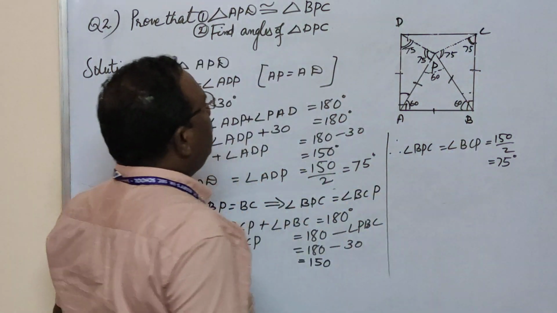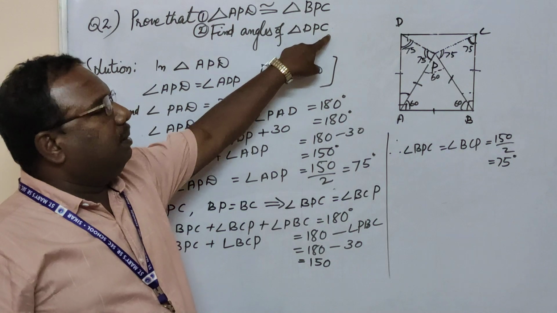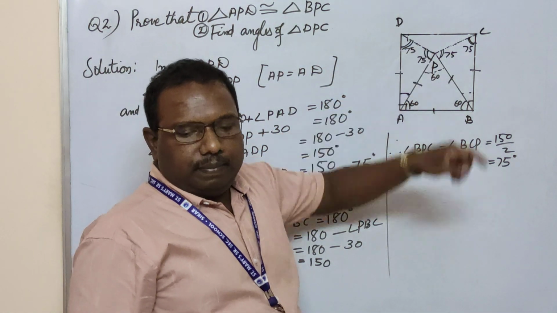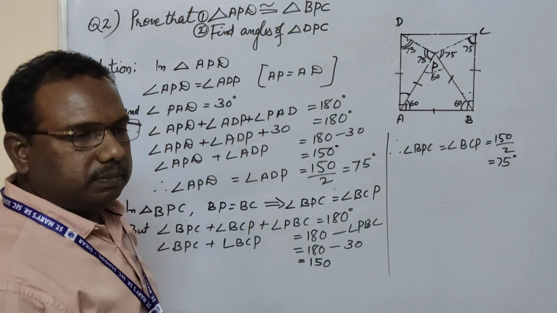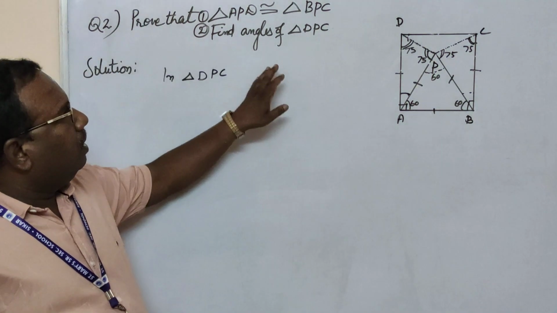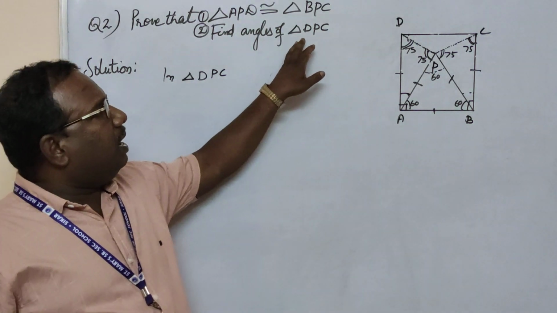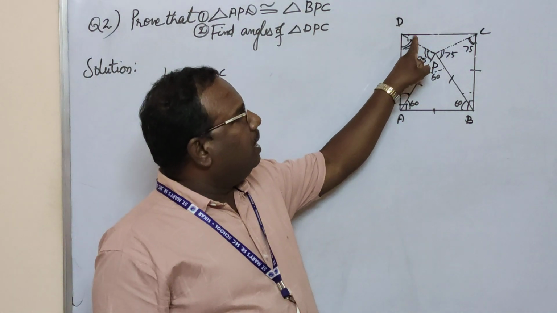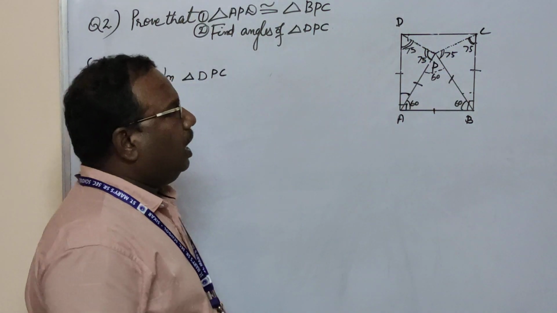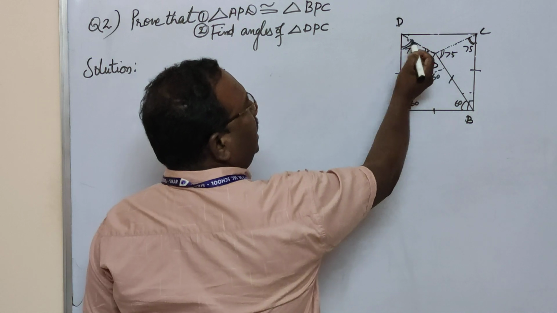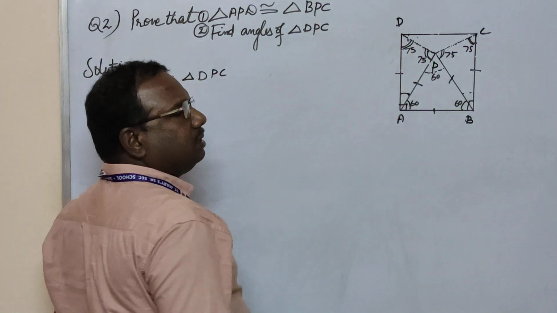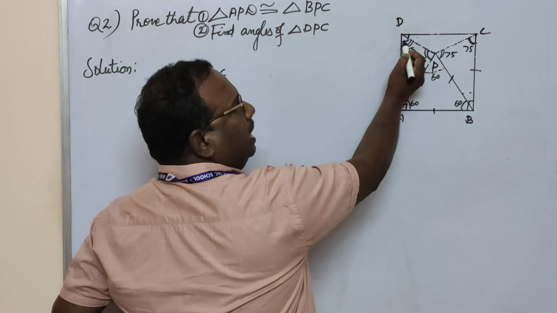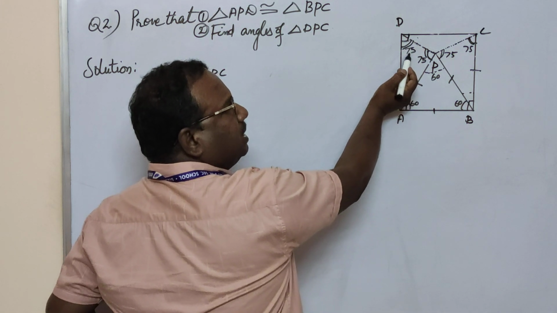Now what we have to calculate? Find the angles of triangle DPC. Here is triangle DPC. Now let us think about the angles of triangle DPC. Can you find out angle PDC? This complete is 90 degree, and this much part is 75 degree.